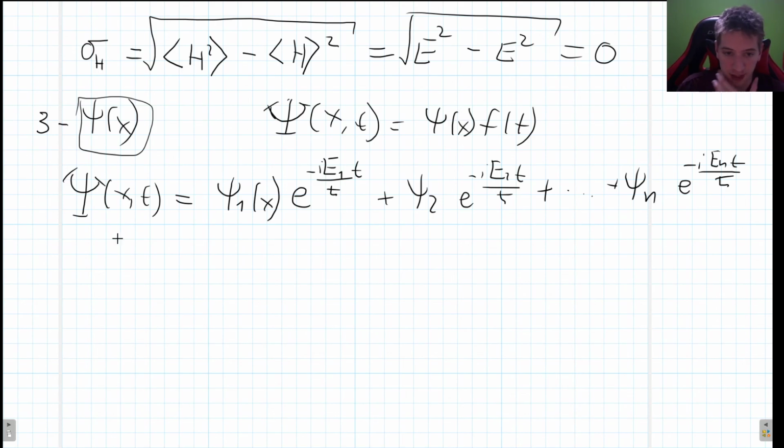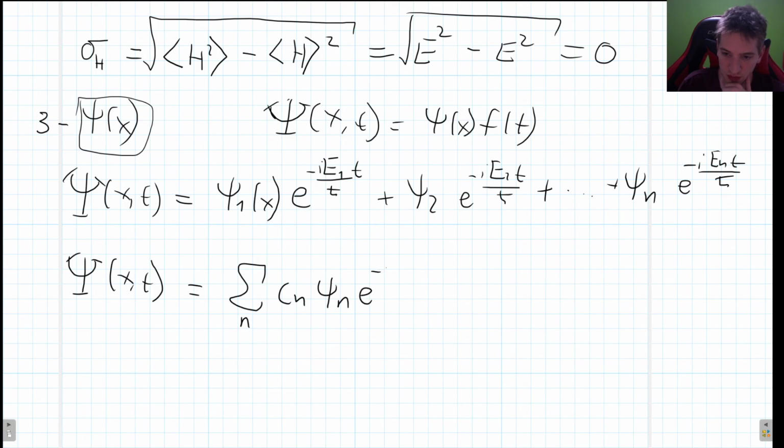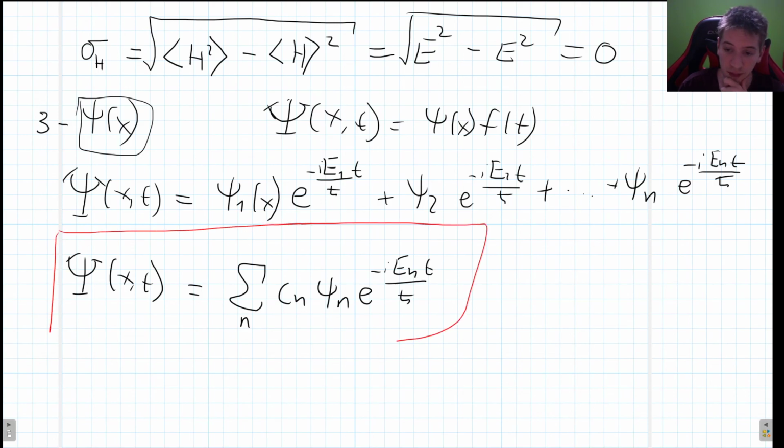So this means that you can write down any solution, not just these simple ones, as a linear combination of these simple solutions. And that is extremely useful, because solving this is way easier than solving some other form. So this right here is going to be an extremely important tool.